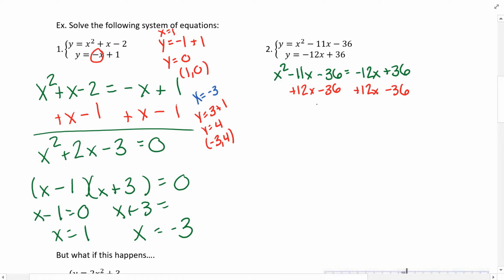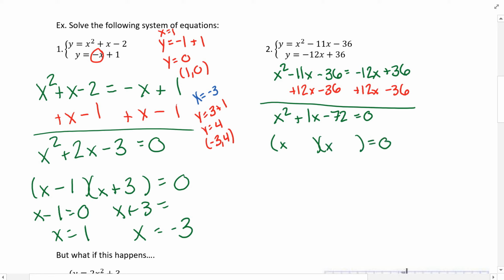Now, when I add 12x, I get 1x. When I subtract 36, I get negative 72, because negative 36 minus 36 is negative 72. Now, I told you these would be factorable. We need two numbers that multiply to negative 72, but add to positive 1.